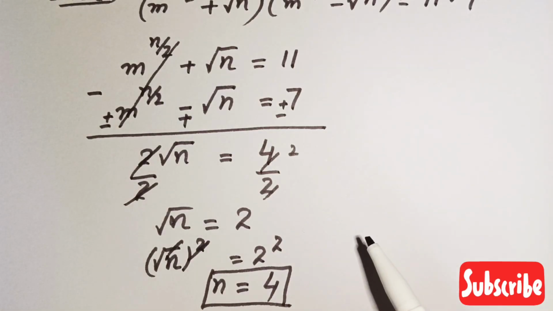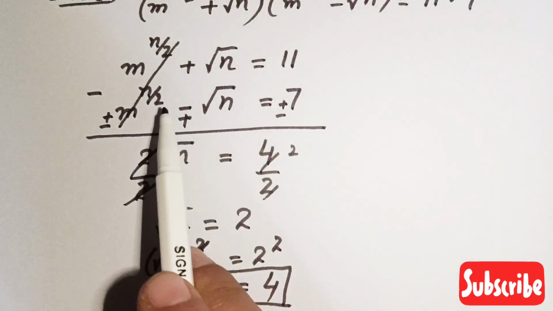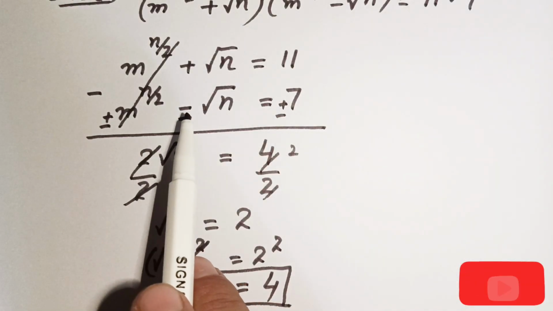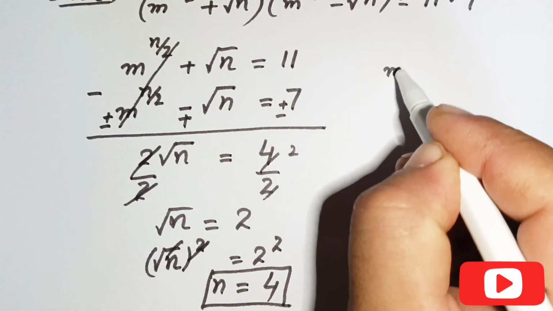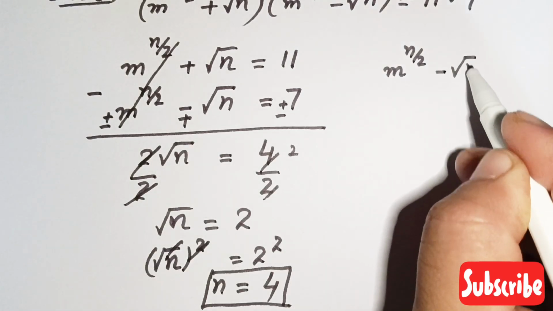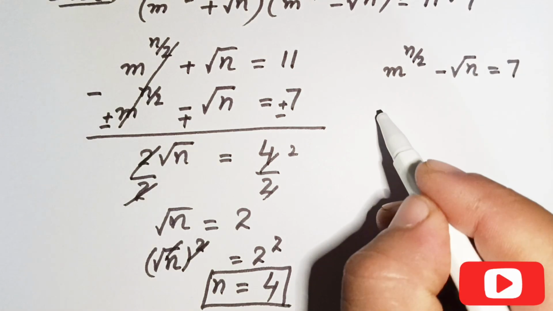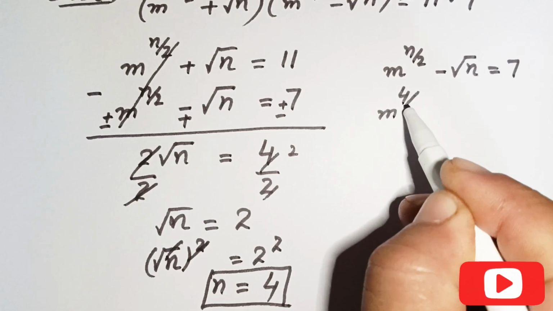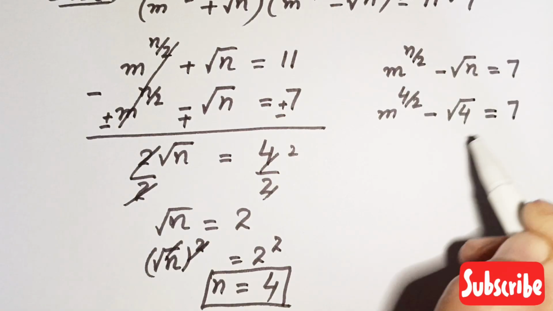So for finding the value of m, we use this equation, m to the power n over 2 minus square root of n is equal to 7. Now putting the value of n here, m to the power 4 over 2 minus square root of 4 is equal to 7.